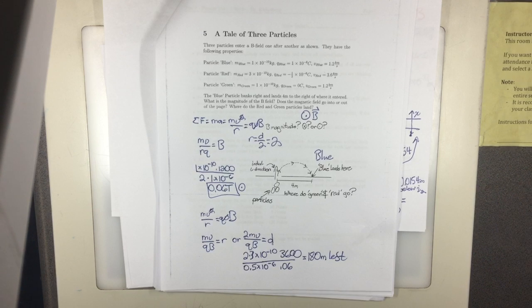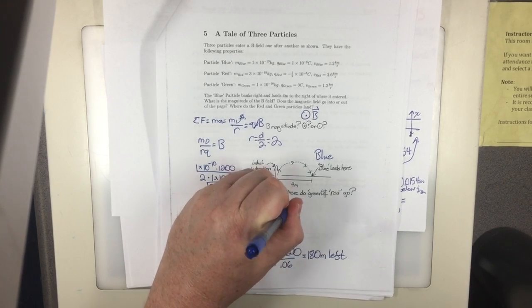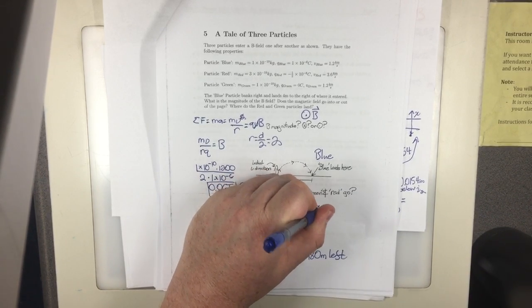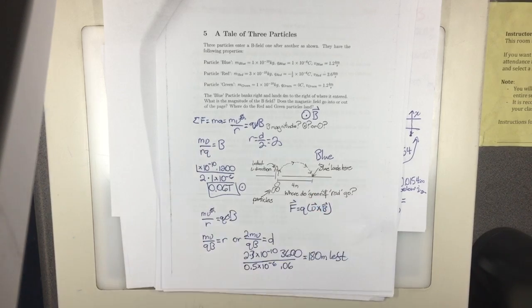Now, particle green, it's neutral. Where does it land, to the left or right? It doesn't land. The magnetic force as a vector is Q V cross B. Yes, V cross B is a vector.